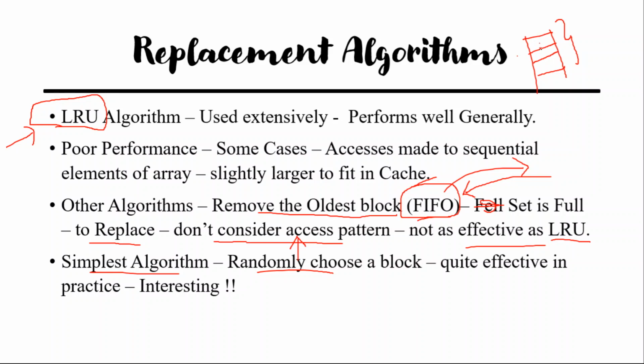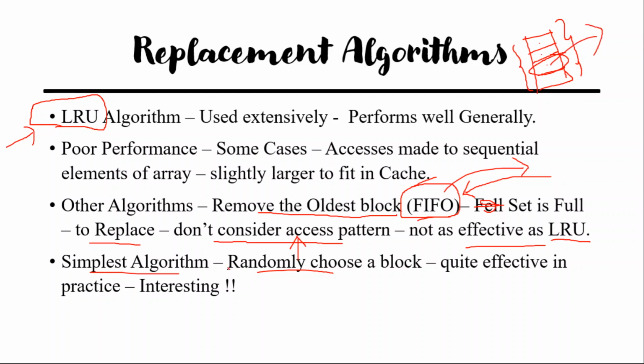In the case of set associative mapping, it is when all blocks in a particular set are filled. Then the random algorithm says you don't go for LRU or anything, just randomly select any block and replace that.